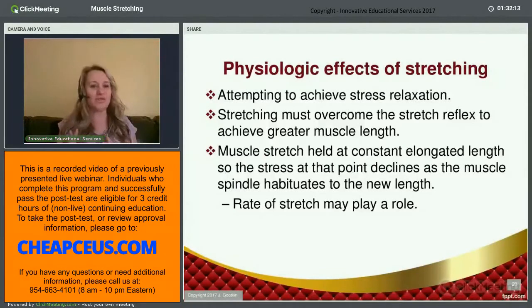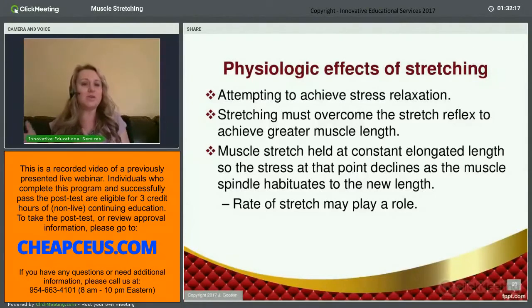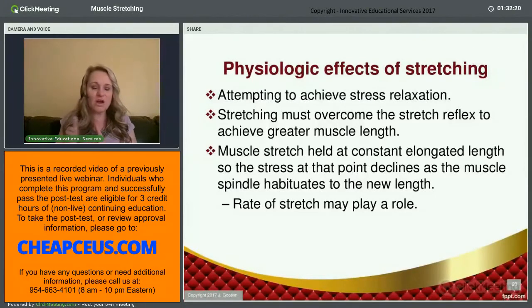Even if we account for all those factors, there are still other reasons that we can make gains. Physiologically, there are other changes that have to happen to get that muscle length. So one particular study said, okay, stretching tolerance makes a difference.